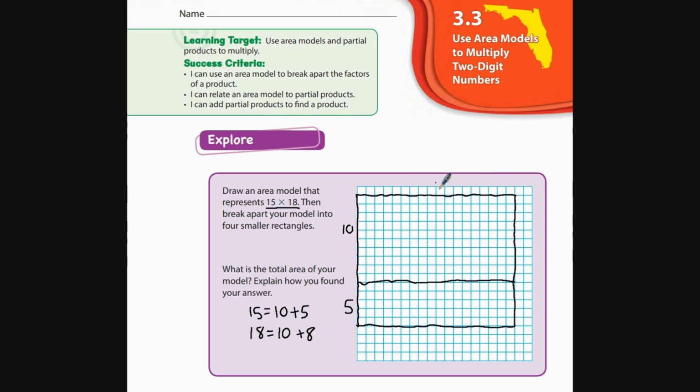I'm going to count 1, 2, 3, 4, 5, 6, 7, 8, 9, 10. Right here, I'm going to stop and draw a line all the way down, because that means I have 10 here and then 8 here. That is 10 plus 8, which is 18.